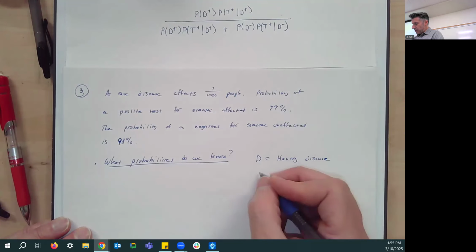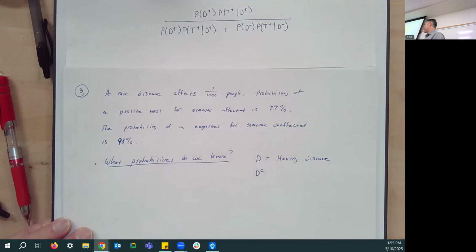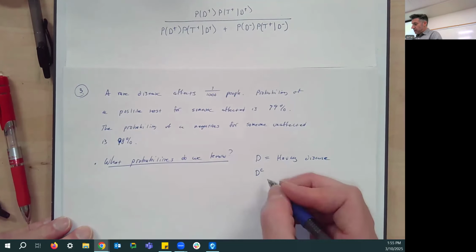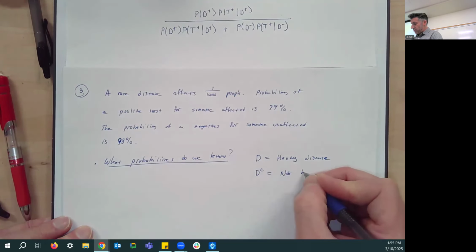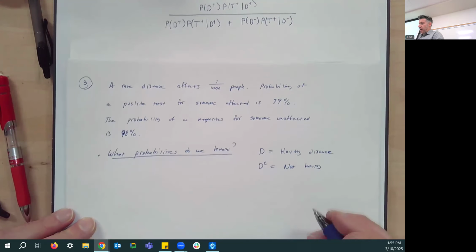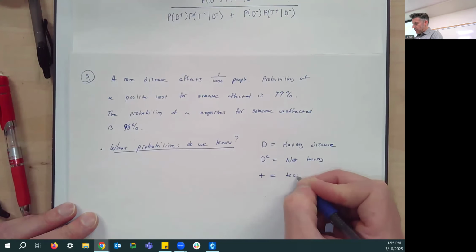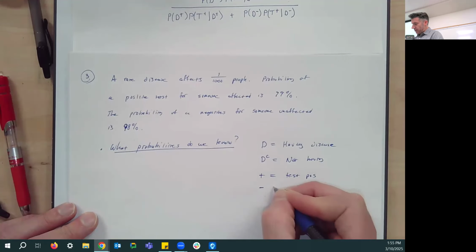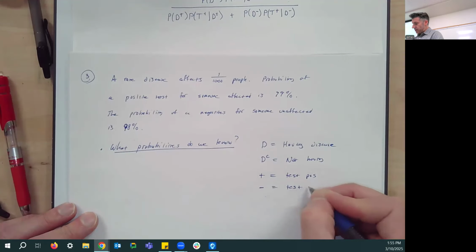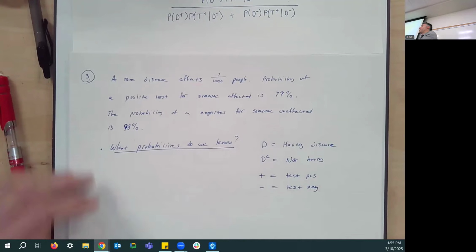D complement is how I like to say not having the disease. And then I usually use a plus for testing positive and a minus for testing negative. That's just how lots of people do it.